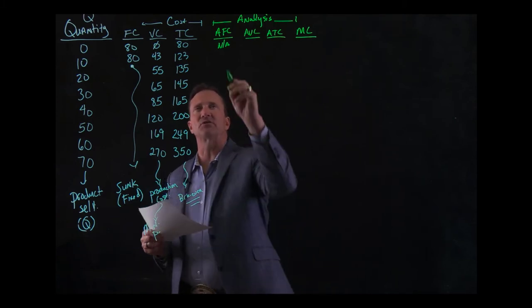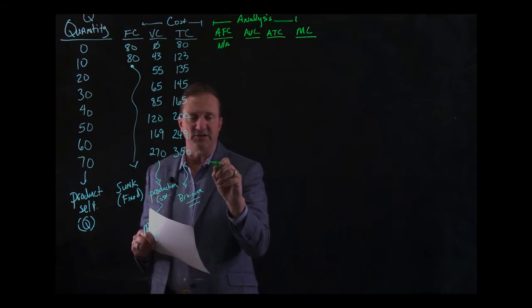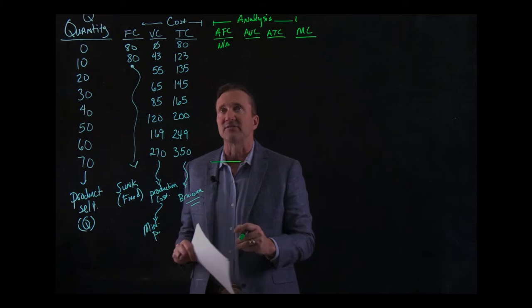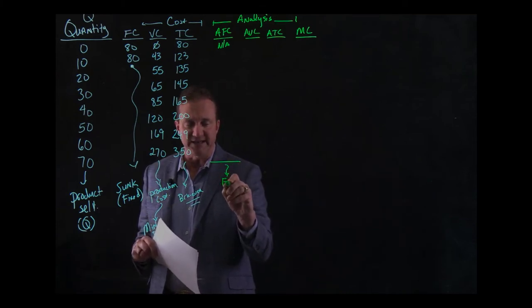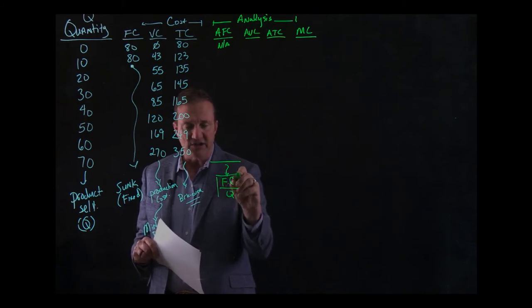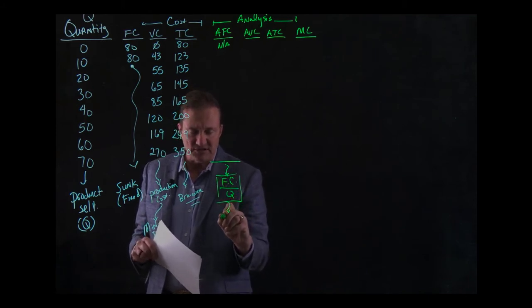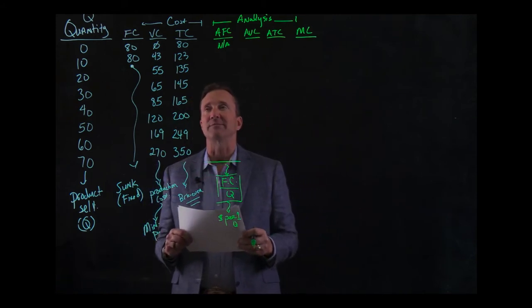Well, the first one is something called average fixed cost. And I'm going to come down here underneath my listing of what I have and talk about the formula for this. And it's really easy. It's just your fixed cost divided by the quantity that you produce. So the result is dollars per one quantity. And so what is fixed cost every time you produce?